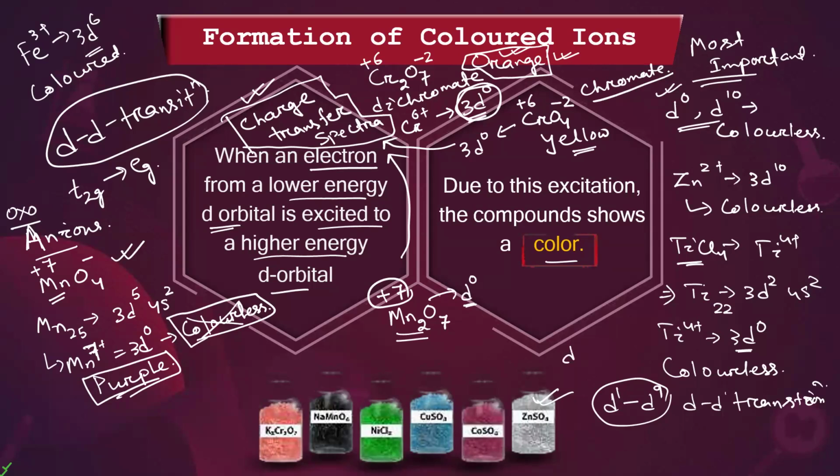If d0 or d10 is given, then it must be colorless, as it is not showing d-d transition. Last one: if your compound or anion has d0 configuration and still it is colored, then the reason will be charge transfer spectra. Okay, am I clear up to this?